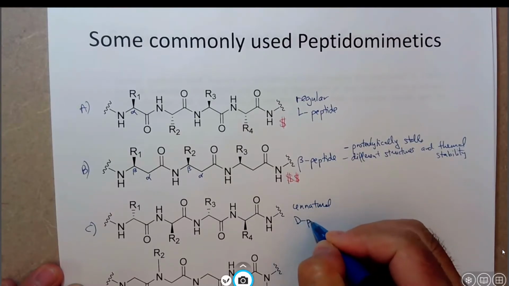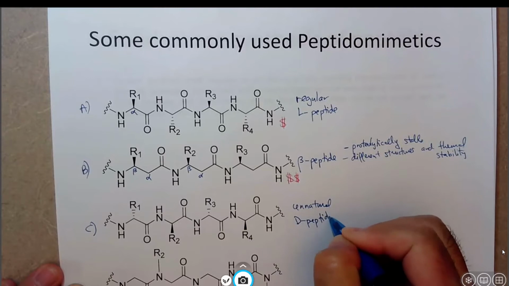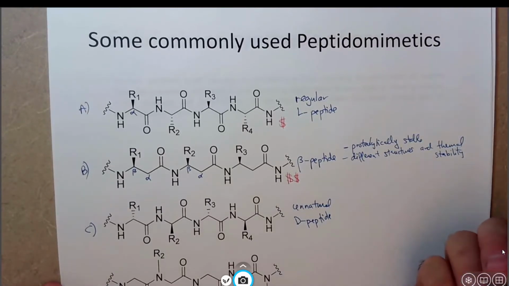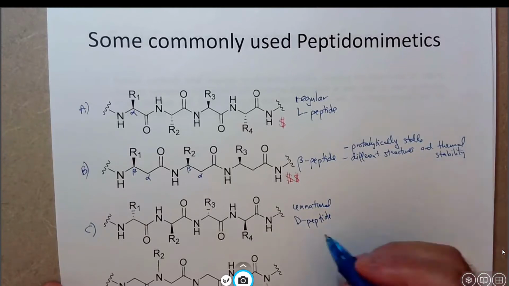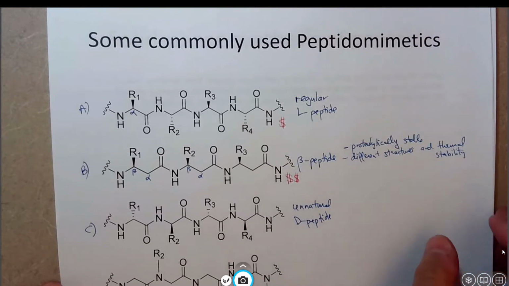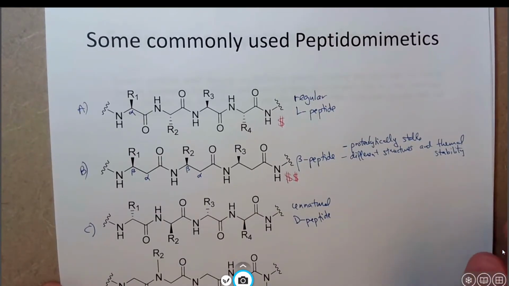D peptide. Okay, so we live in a world of L amino acids. However, you can use chemistry to synthesize D peptides. Again, there are some natural sources of D-amino acids, however, they are quite rare. And one of the advantages of using an unnatural D peptide would be that proteases would not actually be able to recognize them.